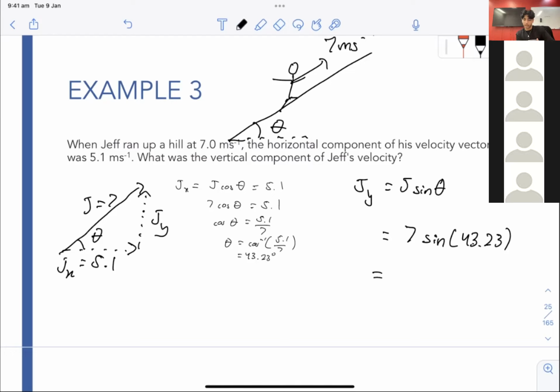We get Jy as being 4.79. They're giving us the values of everything in 1 decimal place, so I'm going to turn that into 1 decimal place and say Jy equals 4.8 meters per second.